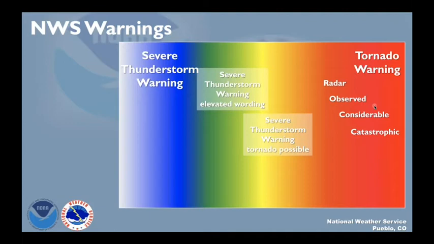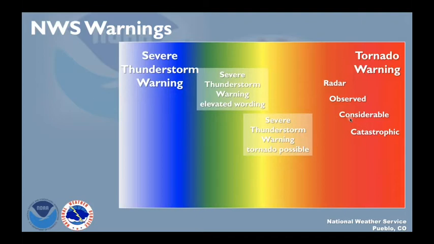Now, if we get word of a very large tornado on the ground, we're going to upgrade it to considerable. That's generally speaking an EF3 or greater. We don't get too many of those, but we'll update our verbiage a little bit to use the word considerable instead.